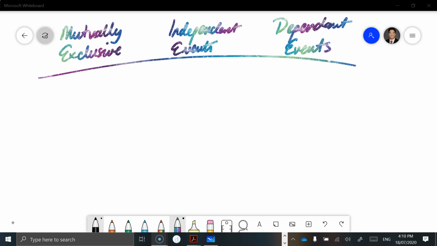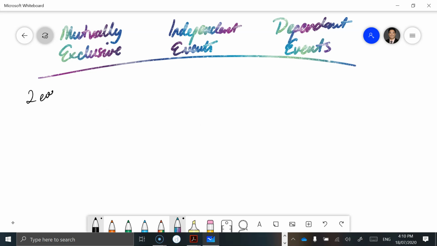Mutually exclusive events are two events that cannot both occur at the same time. So, for example, if you draw a card from a standard deck, the drawn card is a heart or a club.